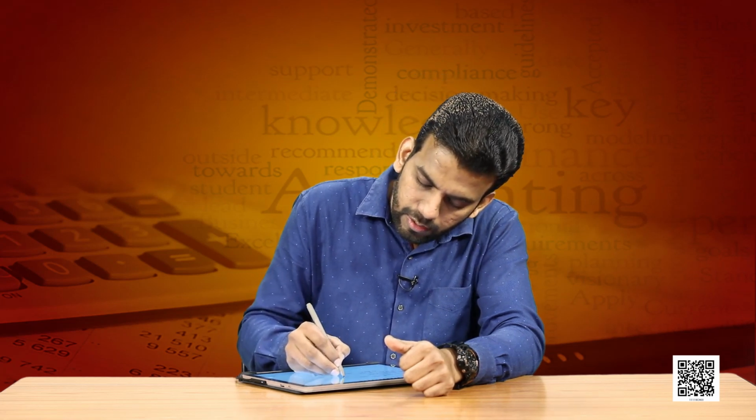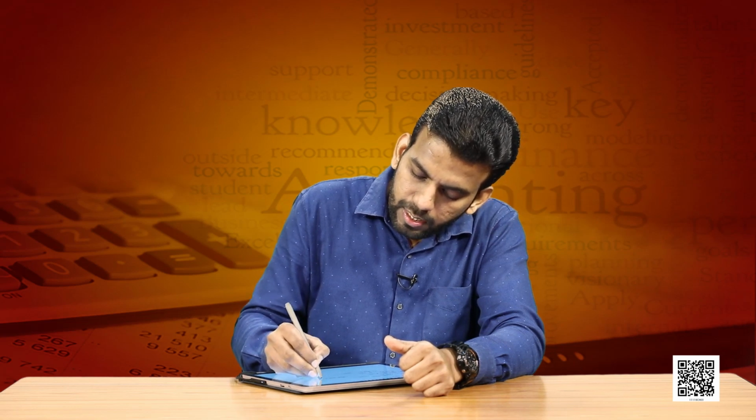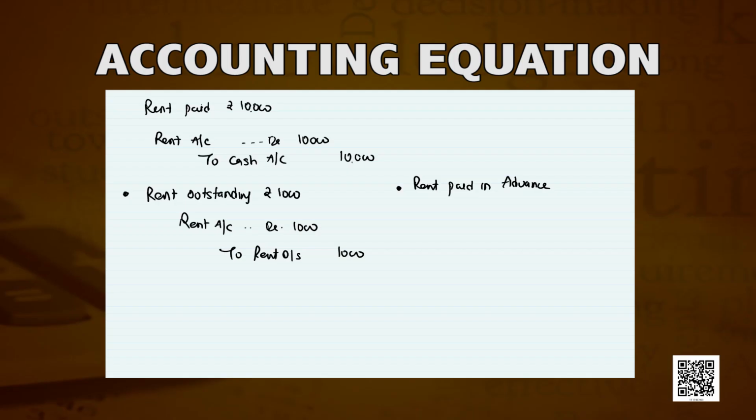And the second case, sometimes we pay rent or any other expense in advance. That means we have paid the rent, salary, commission, interest, any kind of expense in advance. It hasn't fallen due yet, but we have paid for it. So one thing is very sure, that cash has gone.